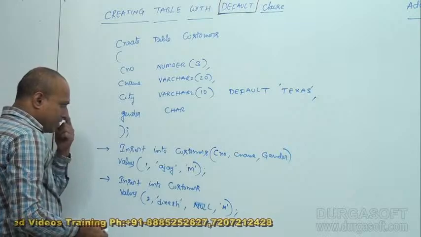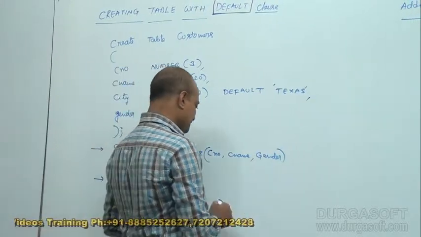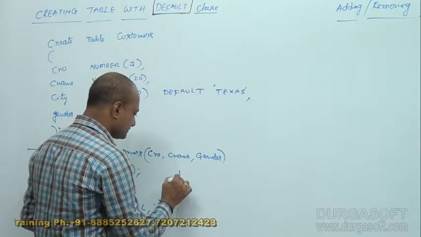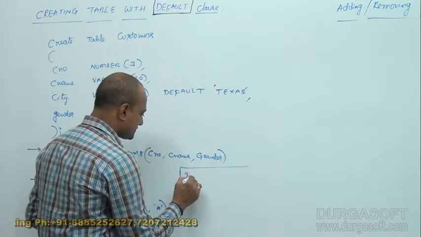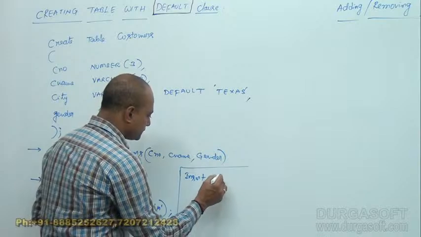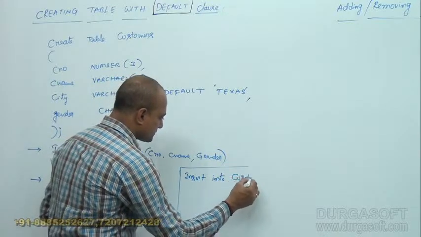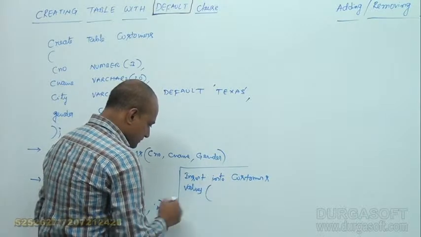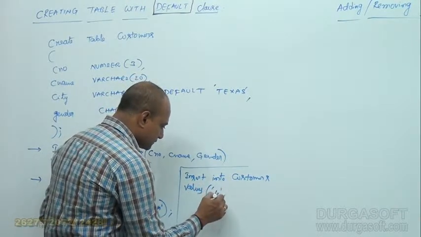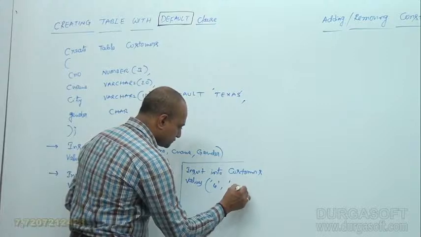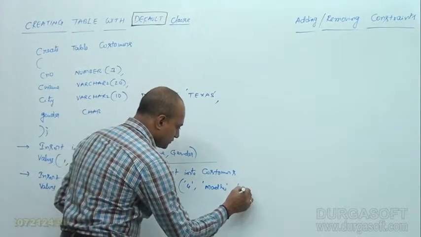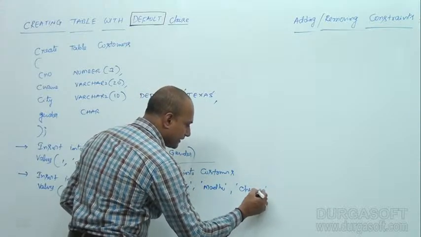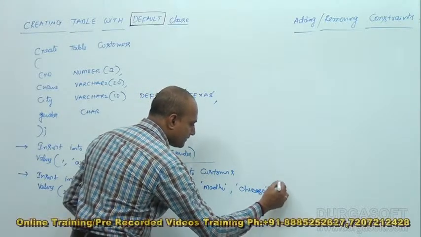And if you insert a new value into city, let me write an insert statement here. Insert into customers values, a new value for Madhu, Chicago, and finally male.